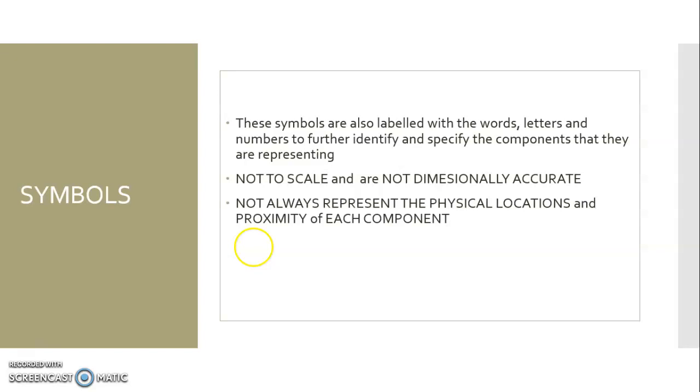There is no dimensional accuracy, not to scale, and it does not always represent the physical location and proximity of each component. It means it is only a drawing. You cannot say the distance between the vector and boiler is about 1 kilometer or whatever. So it just shows you the layout. Okay.